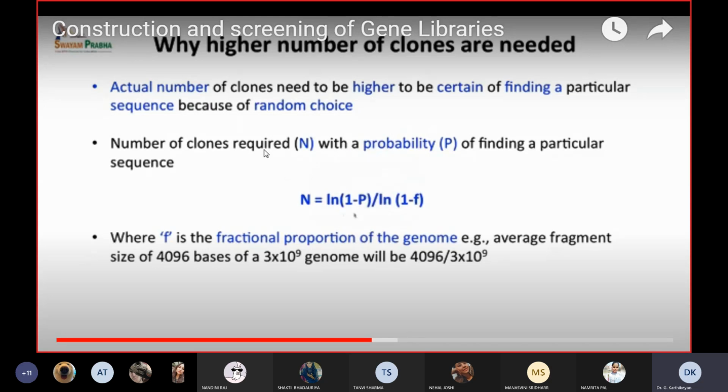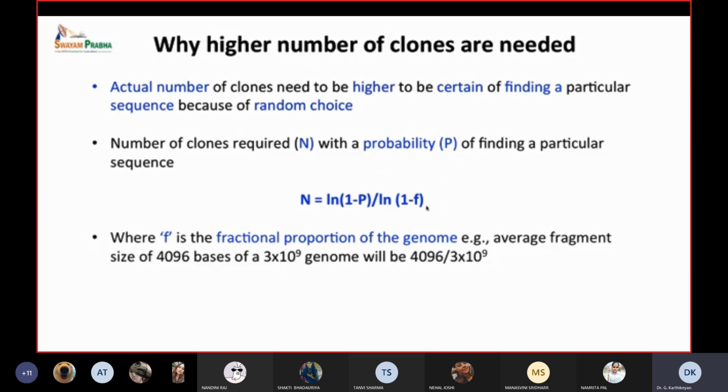They have come up with a formula which tells you the number of clones required, shown by N, so that you can find a particular sequence with a certain probability, which is P. So, for example, if you want to be 90% sure that when you screen the library you get the clone of your interest, then P becomes 0.9.